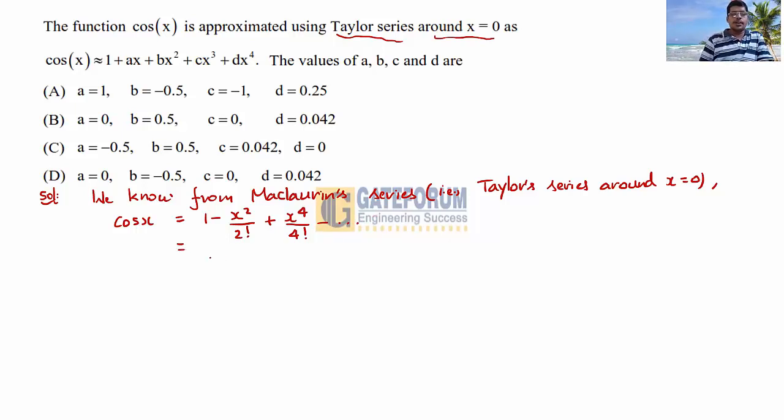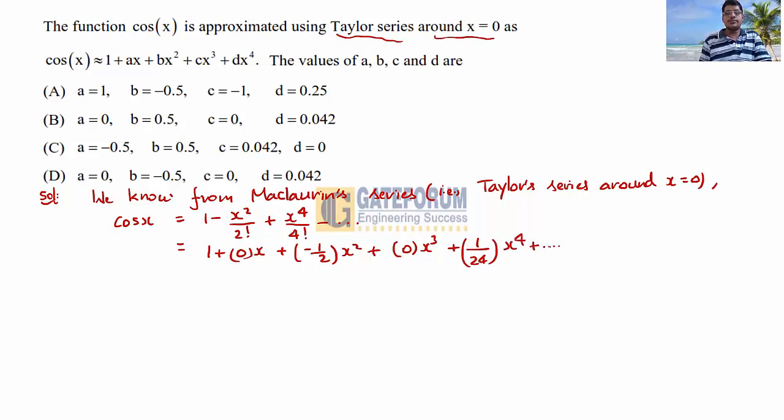So this can be written as 1 plus 0 into x plus minus 1 by 2 into x square plus 0 into x cube plus, 4 factorial value 24, 1 by 24 into x power 4 plus so on.